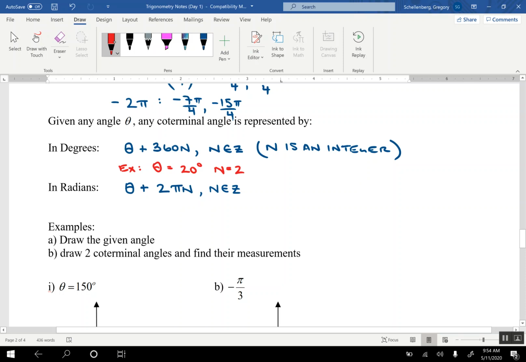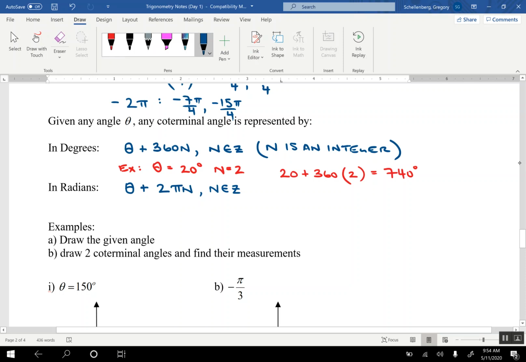We're going to do theta, which is 20, plus 360 times n, which we have made out to be 2. So 360 times 2 is 720, plus 20 is 740. So 740 degrees is an angle that is coterminal with 20 degrees.